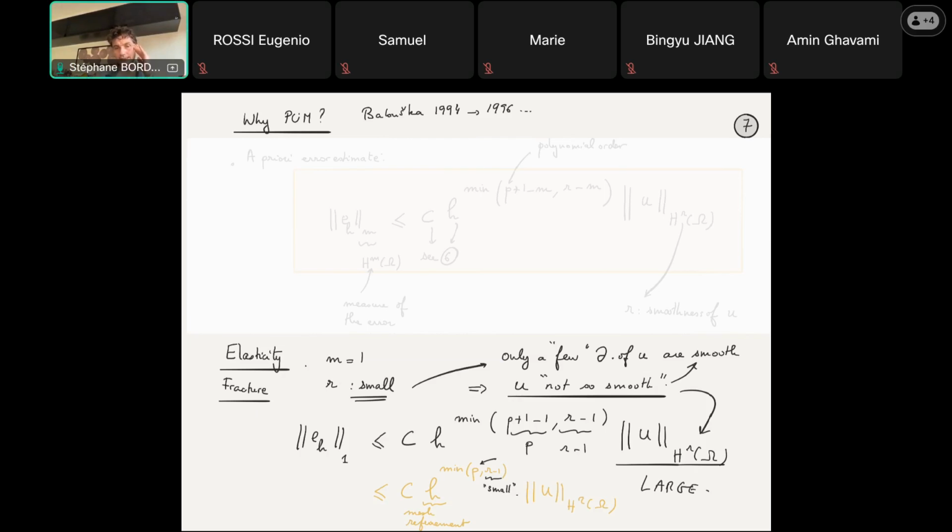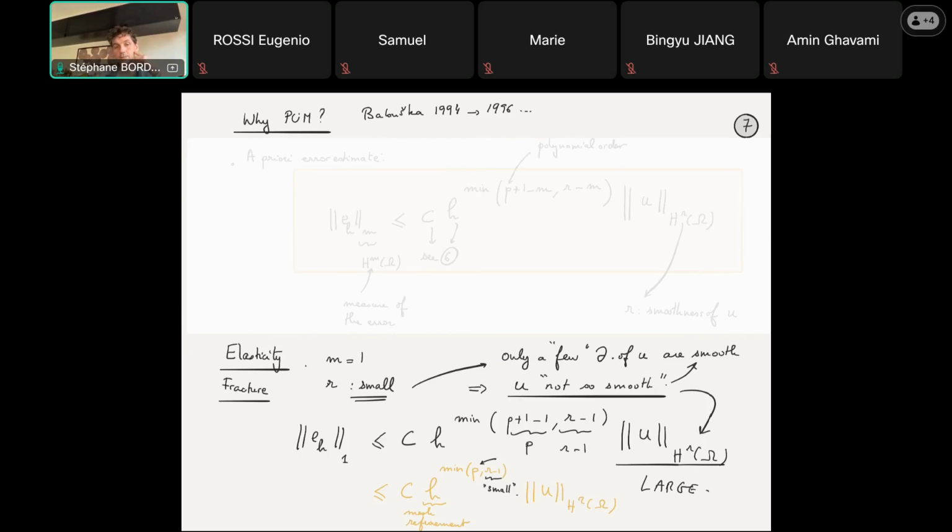So I want you to decrease h, compute the error, decrease h again, compute the error, decrease h again, compute the error, and do that at least 3 times, if possible 5, 7. Definitely not 2, because 2 points give a line in any case. And you need to see that as h goes to 0, you will go to 0 at a certain rate, and that will give you this exponent here.